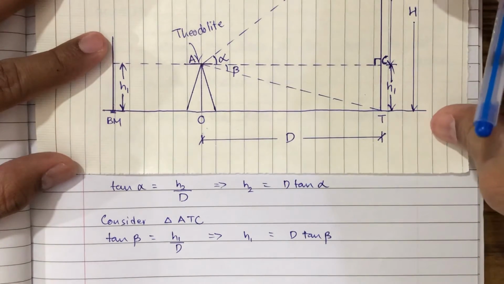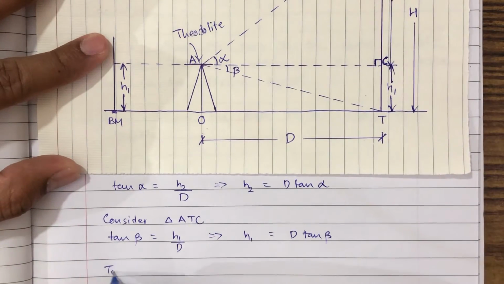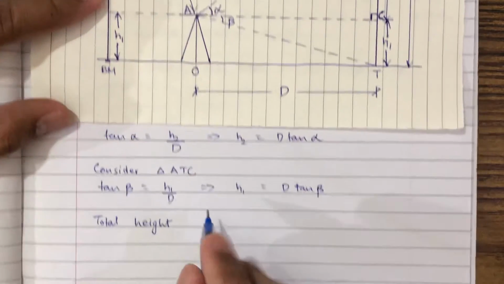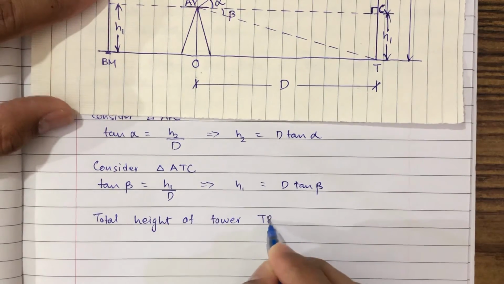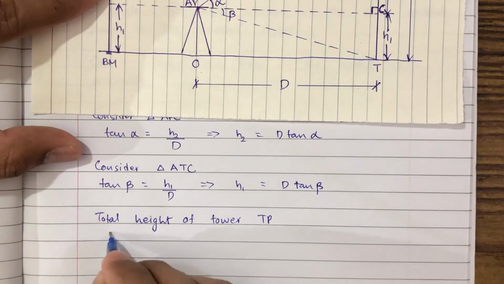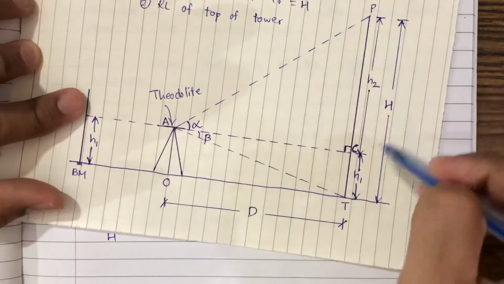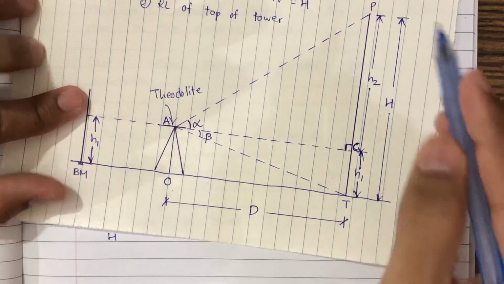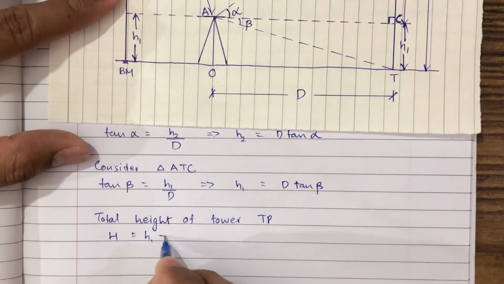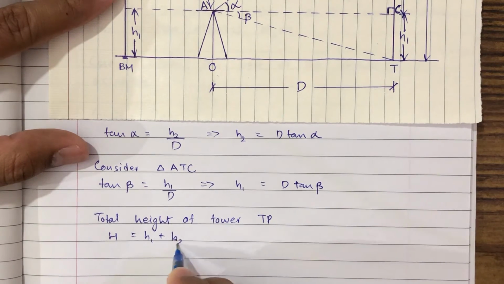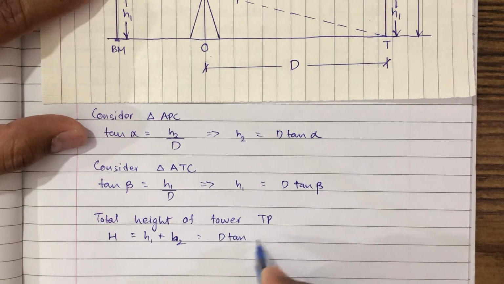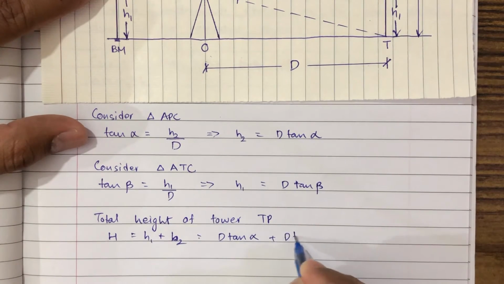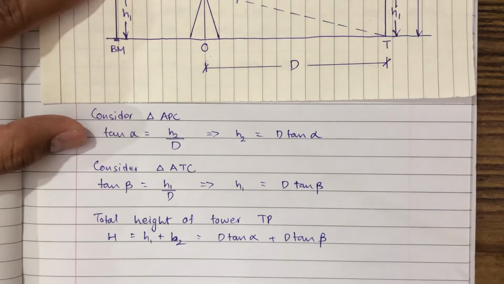So the total height of tower TP, which is H, is equal to H1 plus H2, that is D tan alpha plus D tan beta.